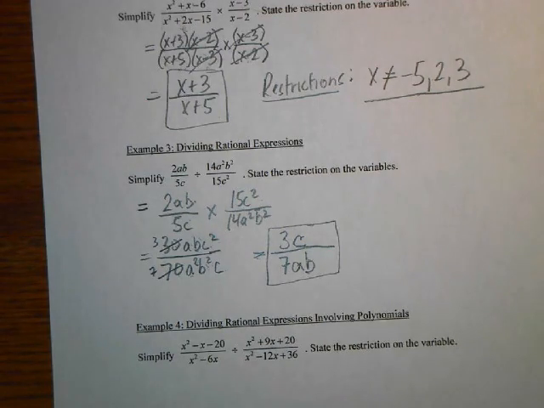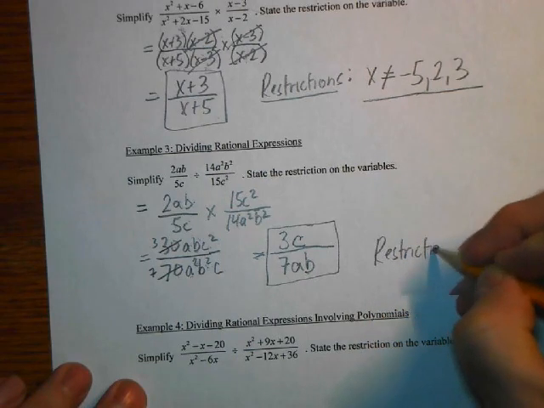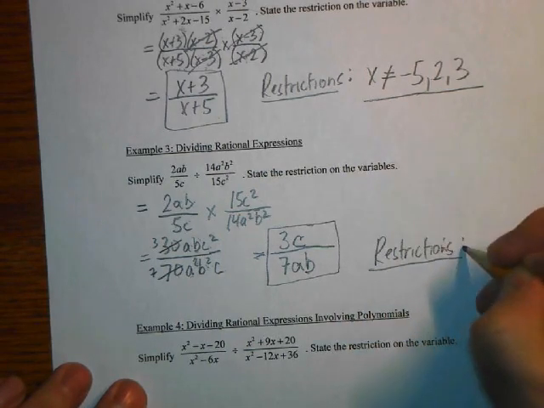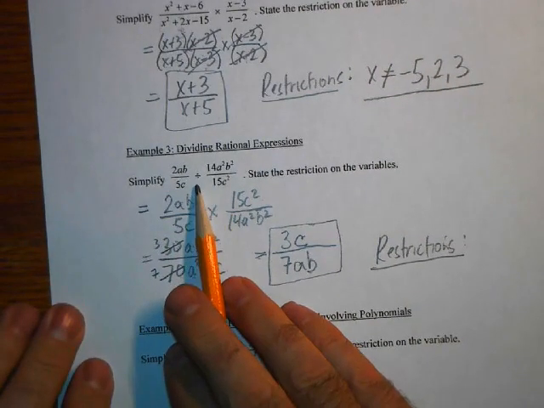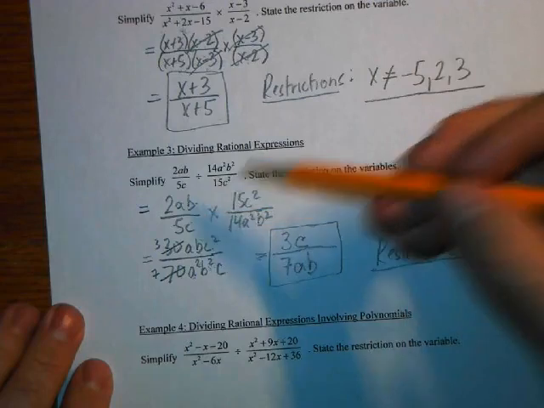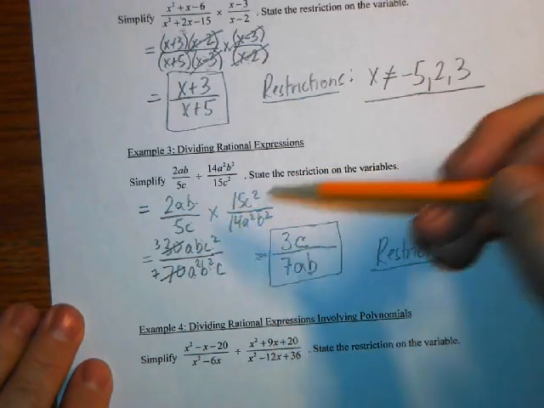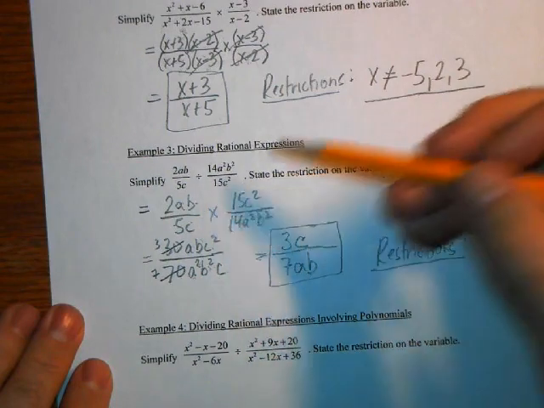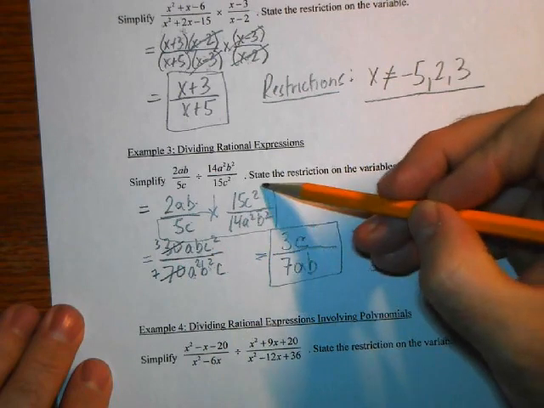Now, in terms of the restrictions, this is where we have to be careful. Remember, don't forget that this was a division question. So when it's a division question, 3 of these 4 parts, you have to make sure that those terms can't be 0.